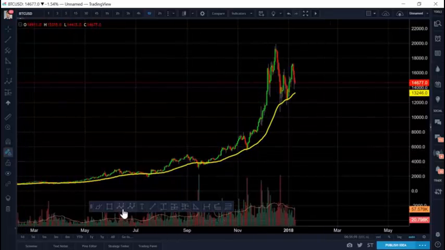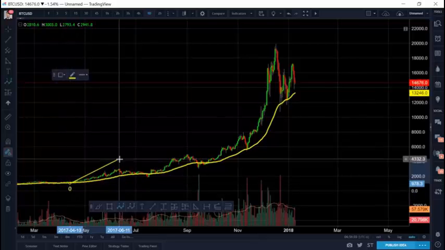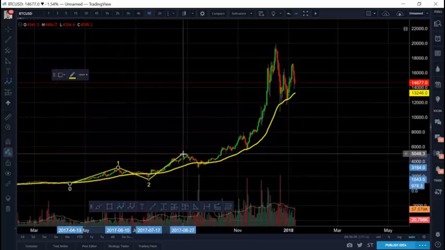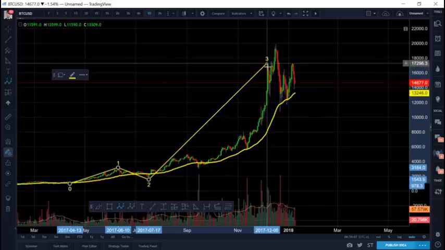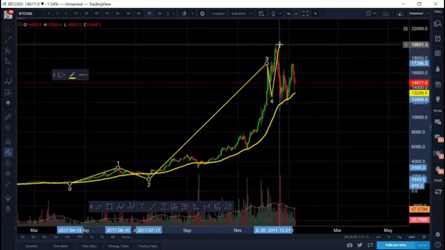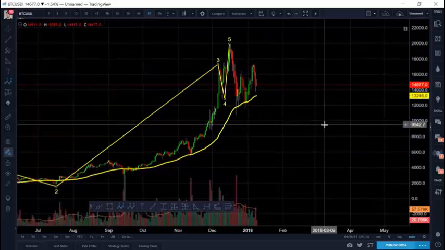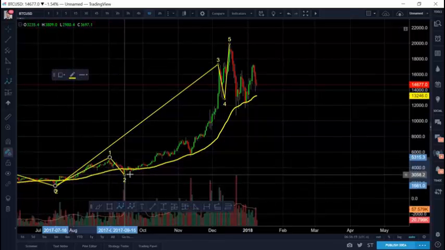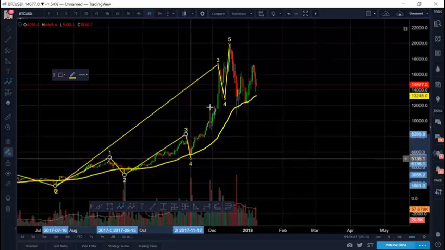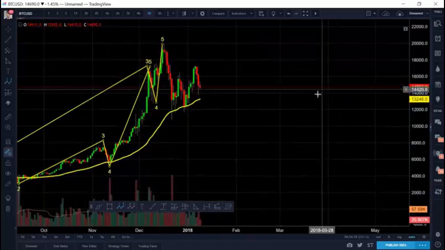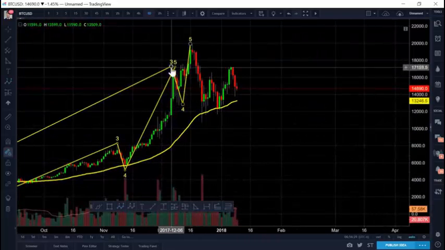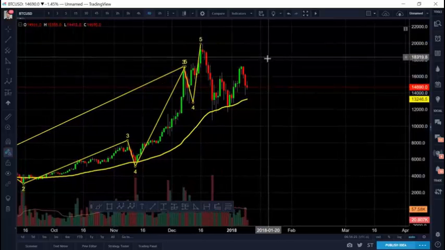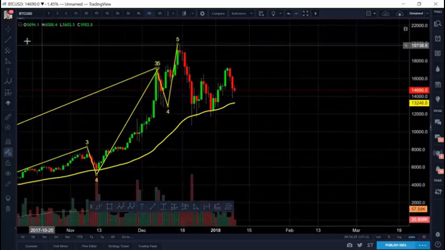So it's most likely something like that. You know, that's subwave 1, 2, 3, 4, 5, and within this wave, we have 1, 2, 3, 4, and a massive extended third wave there. So we have our 5 waves going up like that.